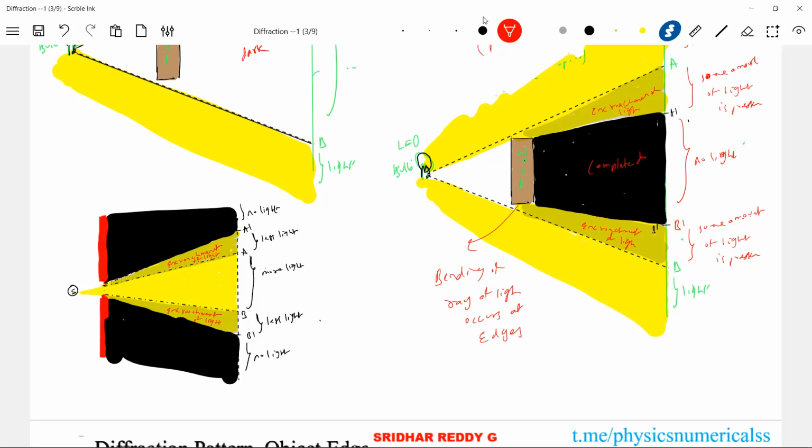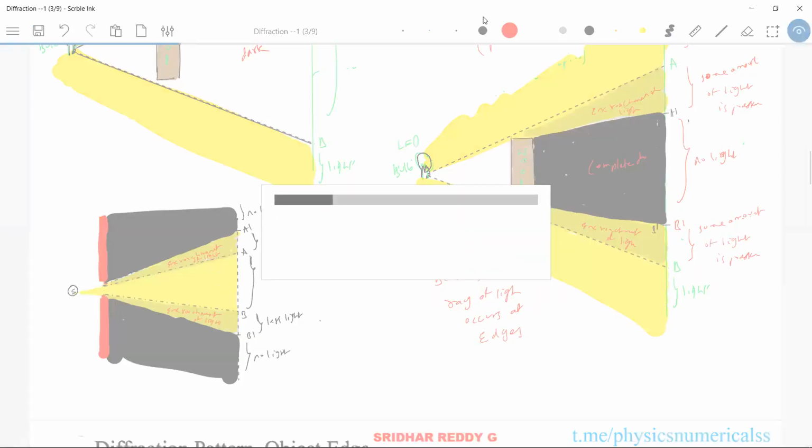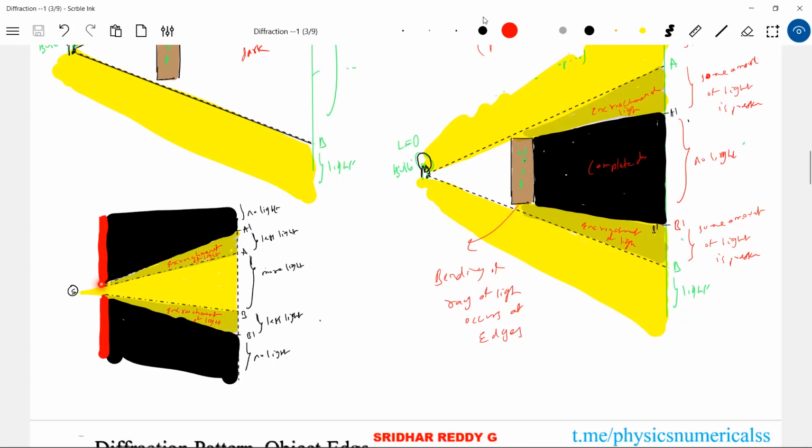So this is the slit. What do we mean by slit? Some narrow opening, some small hole. Here I kept a point source of light. It will start emitting light.